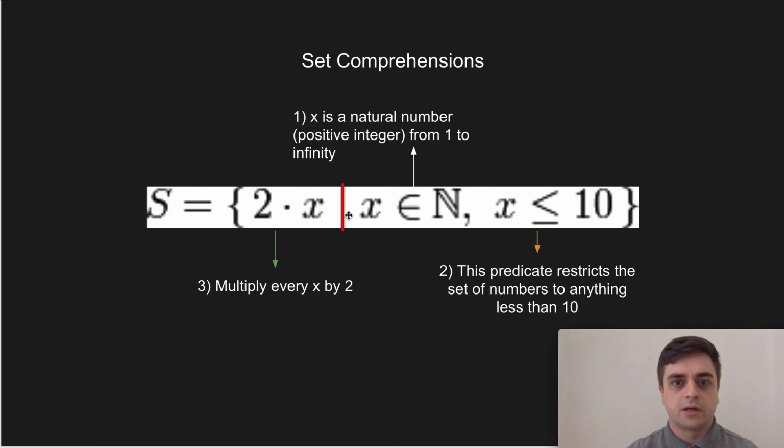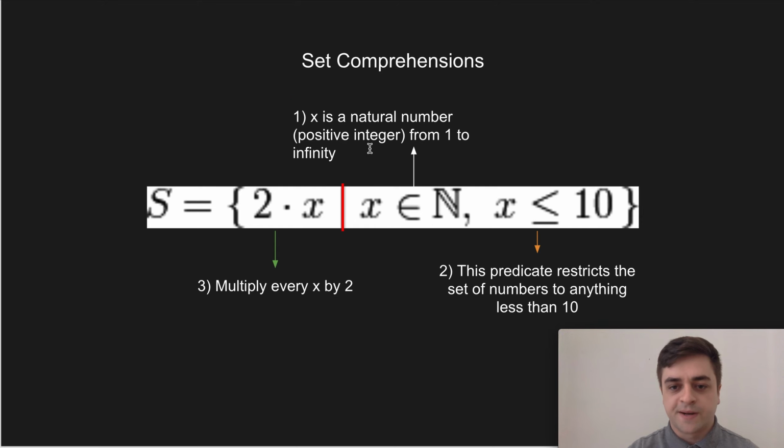So set comprehensions are a way of defining lists of numbers, a list of unique numbers. That's essentially what sets are, unique things. So this is the mathematical notation for doing that. What we're going to do to start with is focus on everything to the right side of the red line. So let's start at this bit here first.